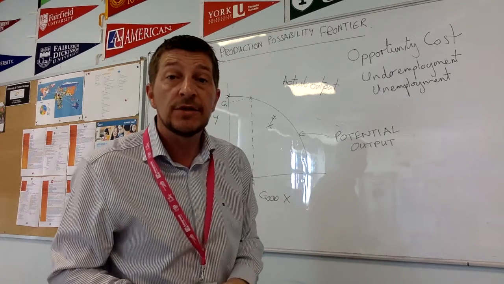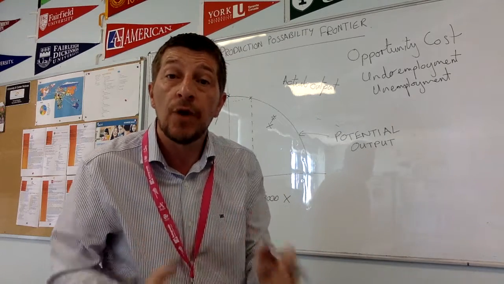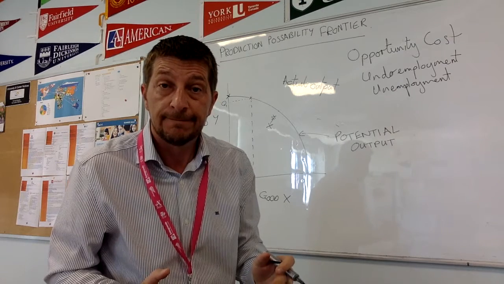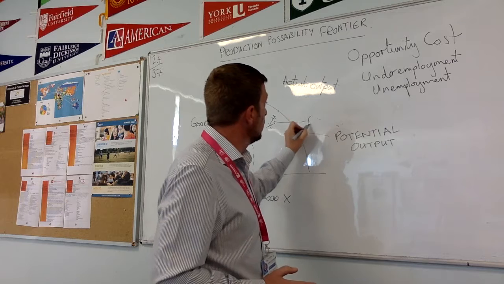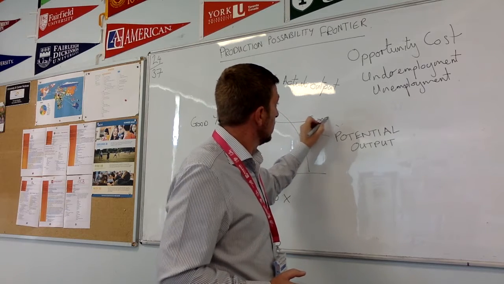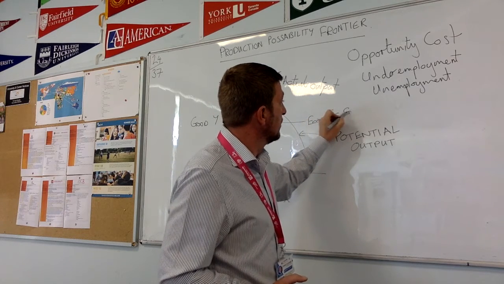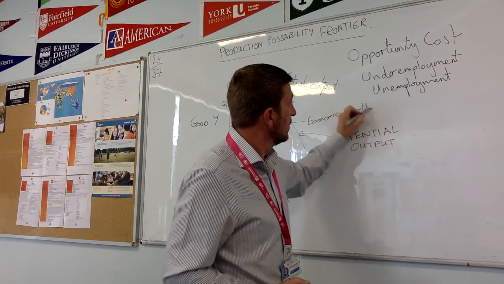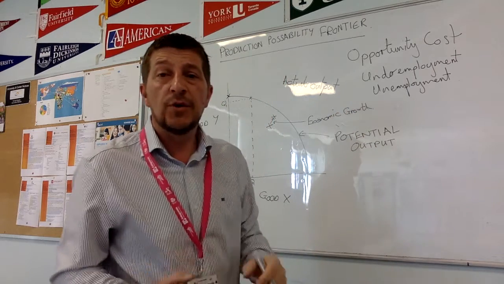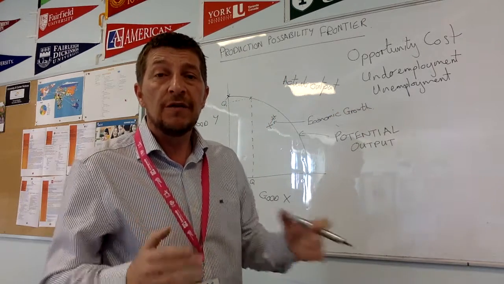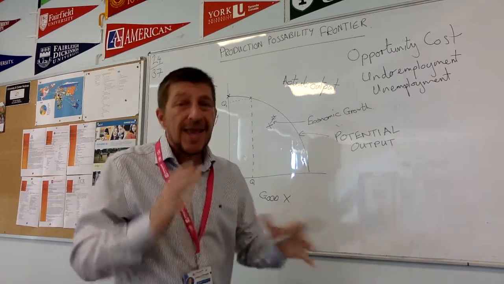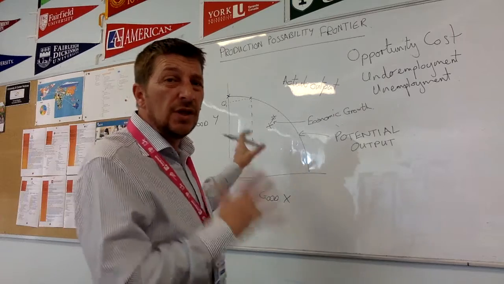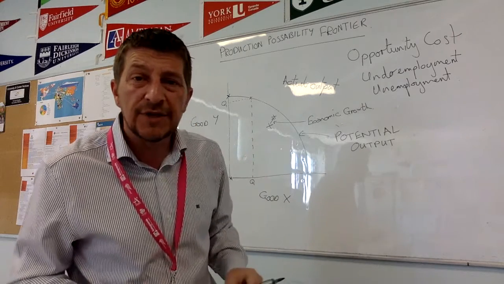This actually allows us to show economic growth. We're actually producing more goods, we're using more resources, we are moving closer to our full level of output or our potential output. So it can be used to show us a lot of really interesting concepts.